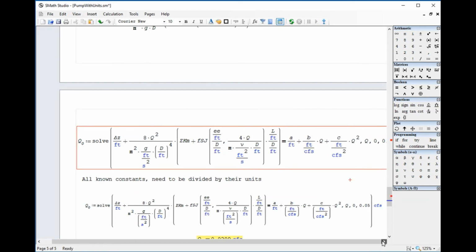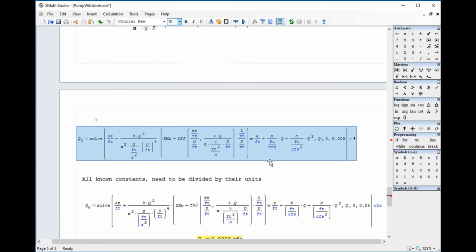Now I do get, well, I can't see what's going on to the right. So one thing that you could do is select that and then reduce the size of your text to 8, as I did here.